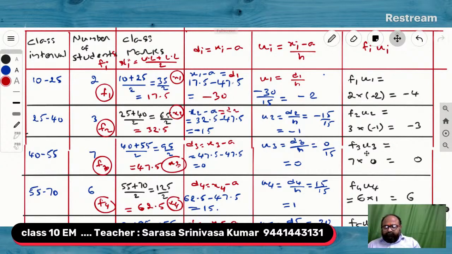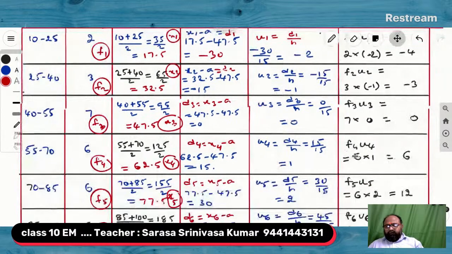Next, f3 u3. f3 equal to 7, u3 equal to 0. So 7 multiplied by 0 equal to 0. Next, f4 u4. f4 is 6, u4 is 1. f4 multiplied by u4 equal to 6 multiplied by 1 equal to 6.